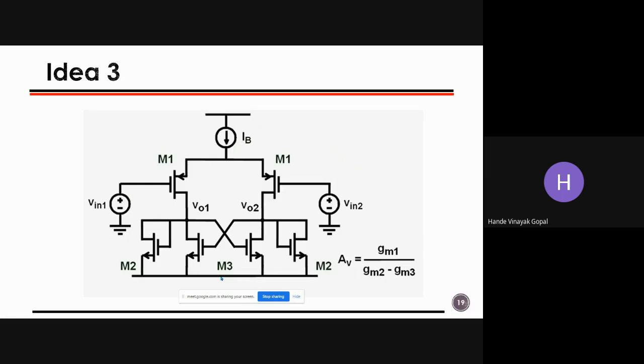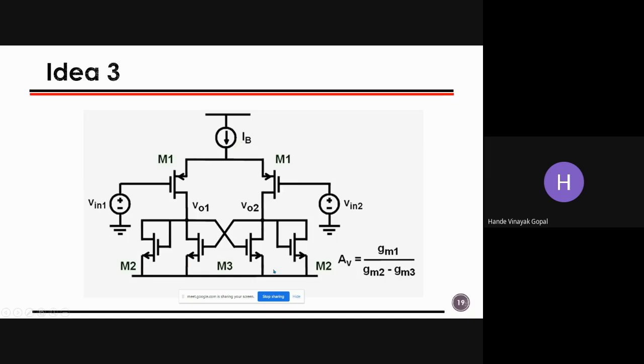What is idea 3? Idea 3 is quite nice, because if we forget the M2 transistor, it is nothing but a comparator, right? The M3 transistor will give the positive feedback, and generally the positive feedback gain is very, very high. And if we see, the AV equation is nothing but gm1 divided by gm2 minus gm3.